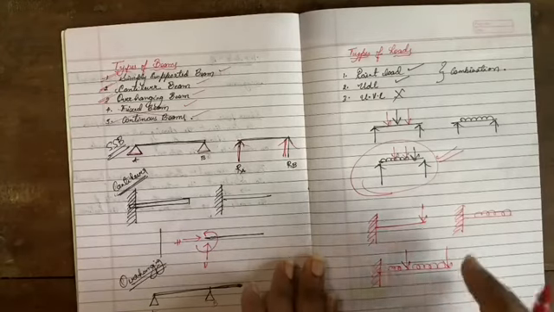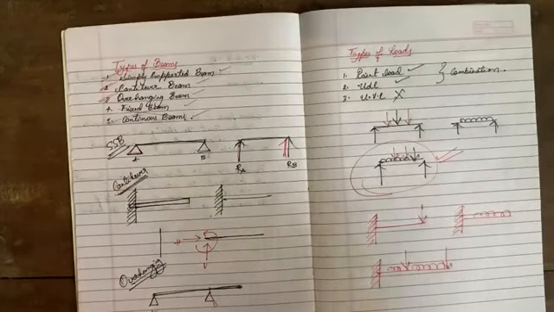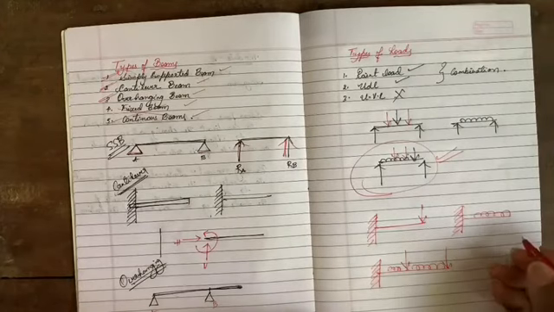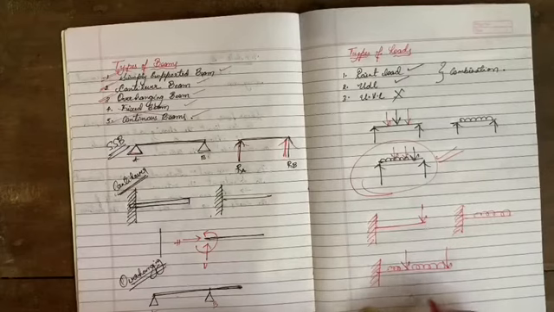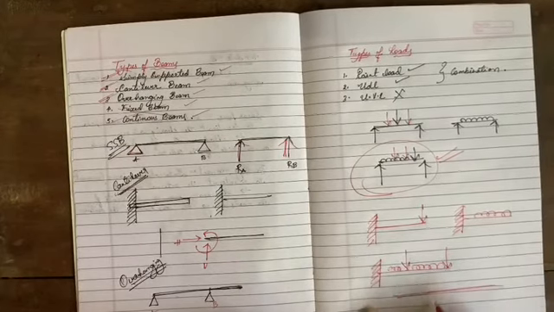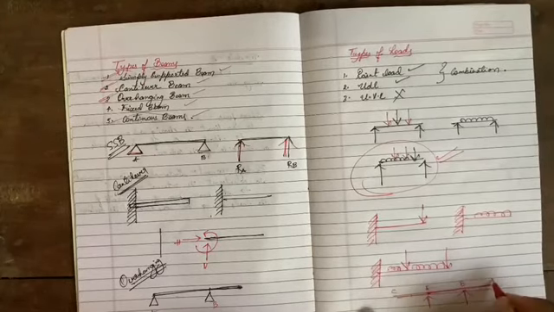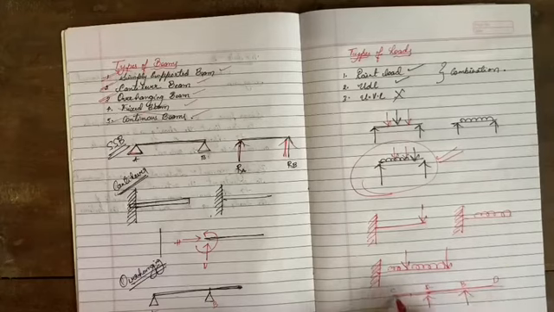You know, right? You can just mix it up as it is and formulate different questions. And the last one will be the overhanging beam. It can be overhanging on both sides, from A, B, C, D.